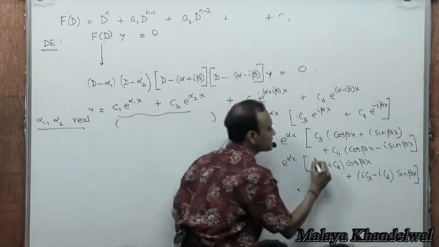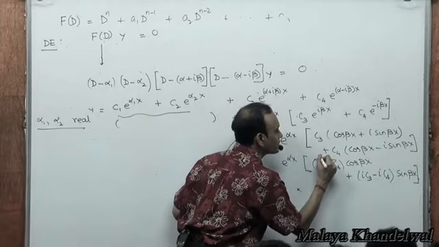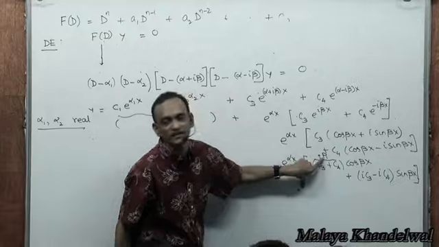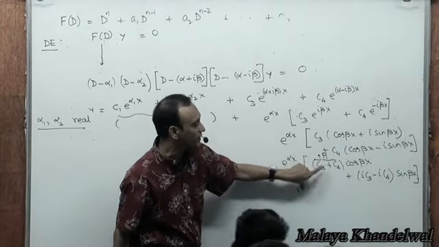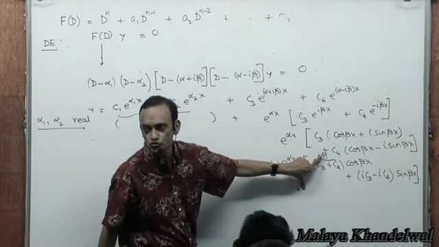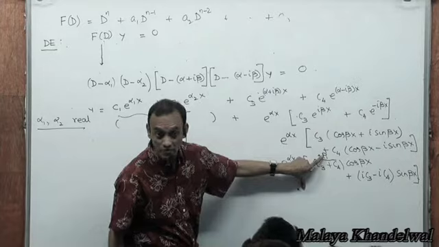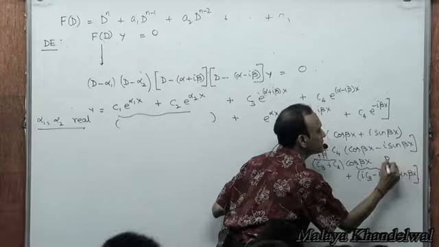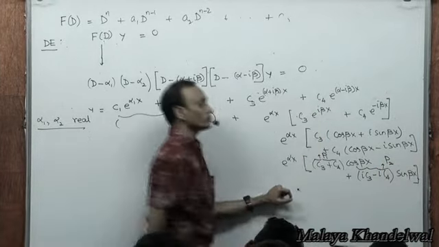But C3 plus C4 is some arbitrary constant P1. If you combine two arbitrary constants, you effectively get one arbitrary constant. C3 plus C4, I choose as P1. And i C3 minus i C4, I choose as some P2.